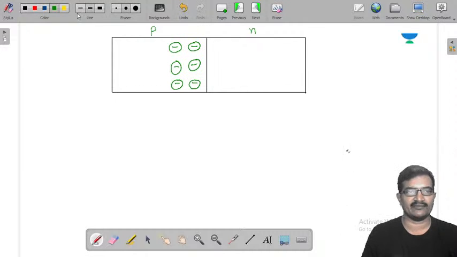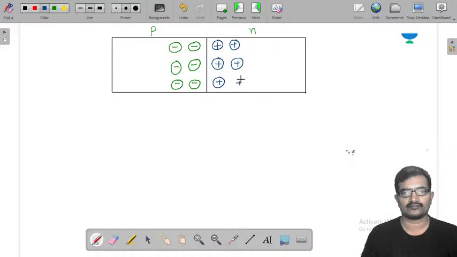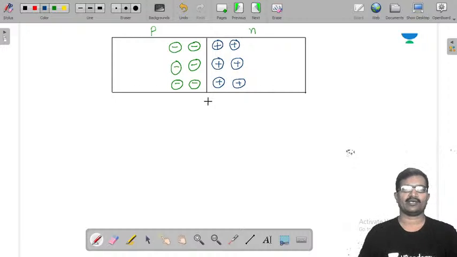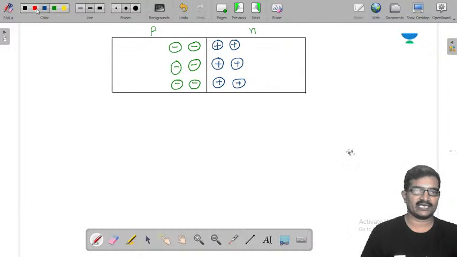Similarly, in the N side we have positive immobile ions. Okay, and we are calling this the depletion region.